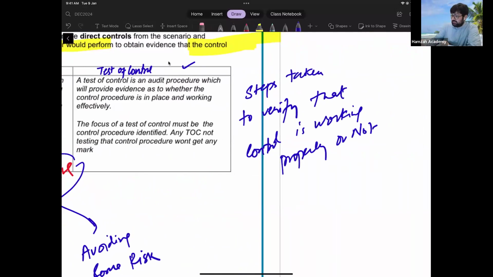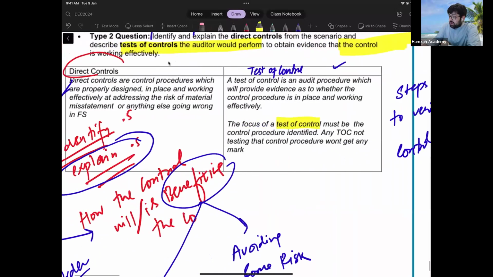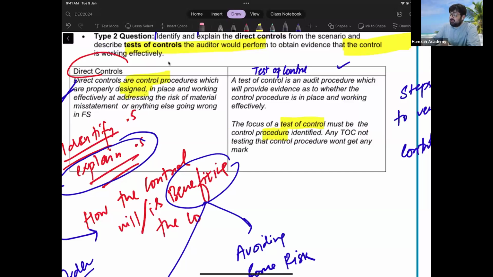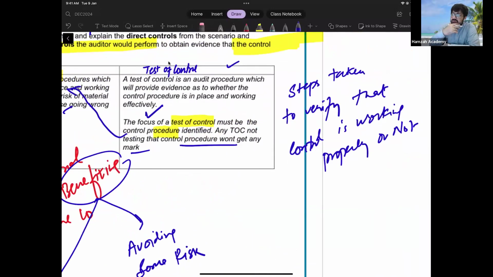This is very important, that the focus of a test of control must be the control you identify here. If your test of control is verifying something else, that may be something valid, but that is not related to this control, you won't get a mark. You may say it is logical, okay, but that is not related to this scenario. Simple as that, so no marks. Any test of control which is not verifying this control doesn't get marks.